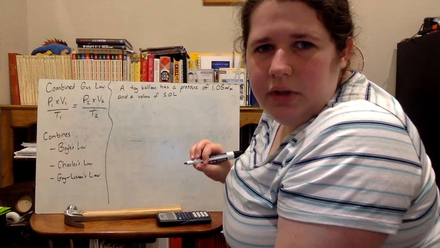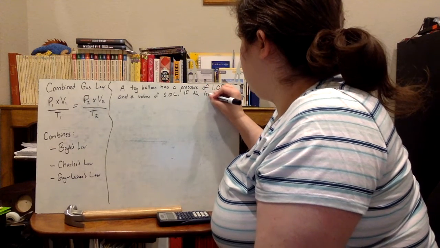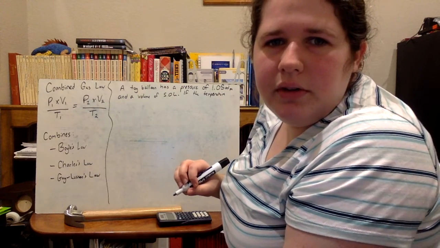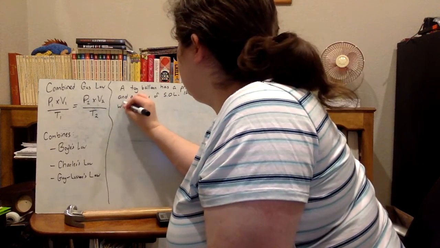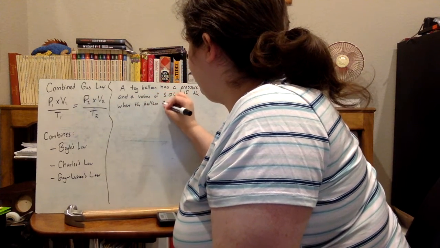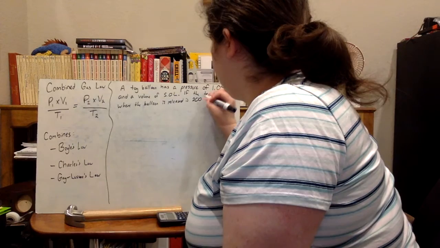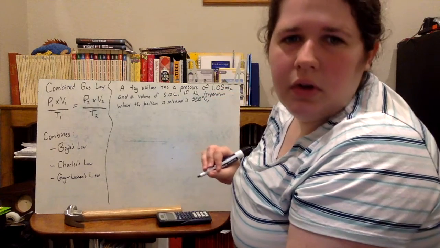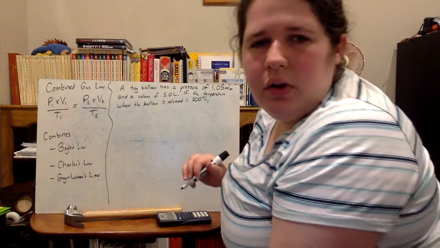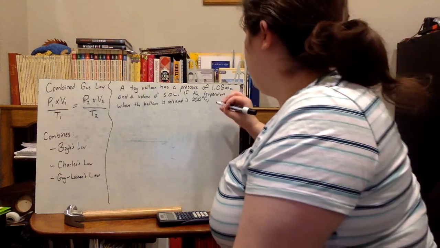If the temperature where the balloon is released is 200 Celsius, what will the new volume be when the balloon rises to an altitude where the pressure is 0.65 atmospheres and the temperature is minus 150 Celsius?